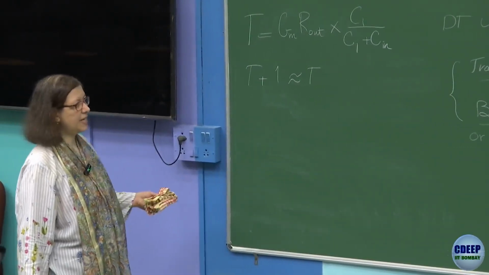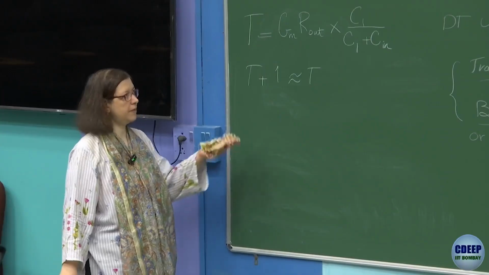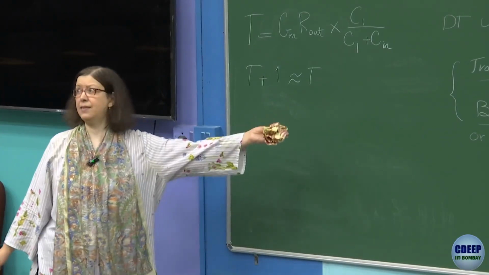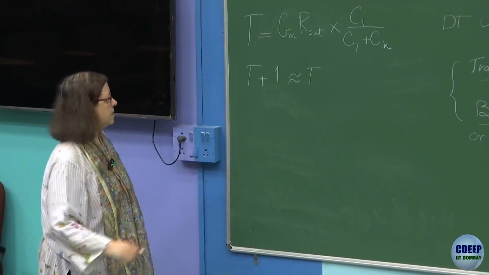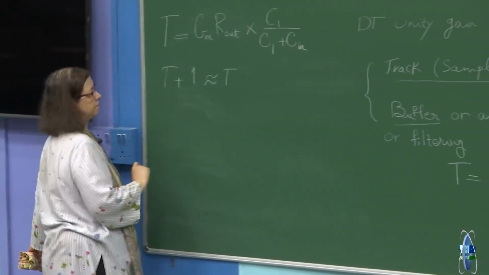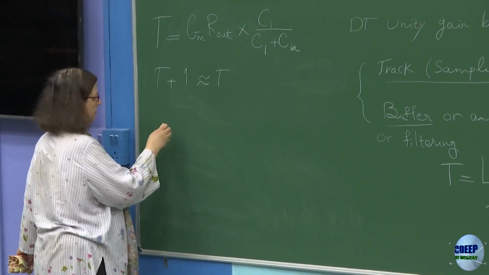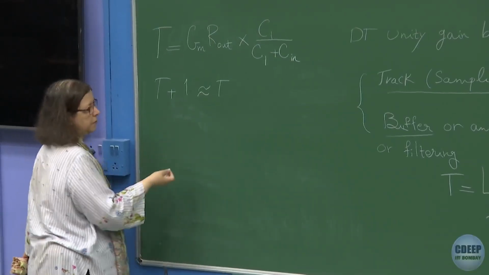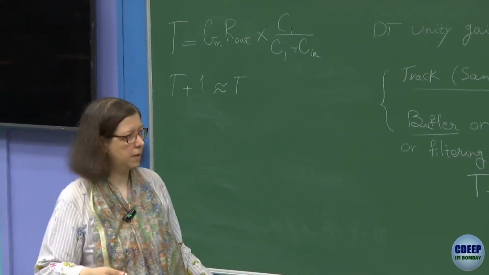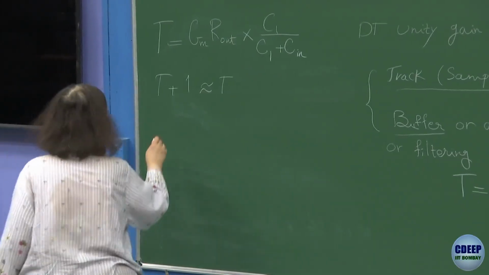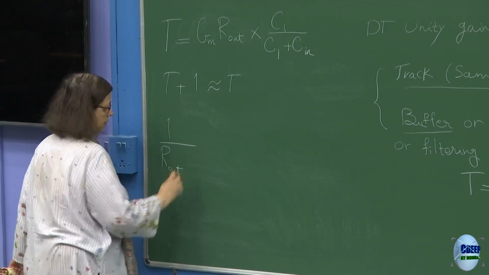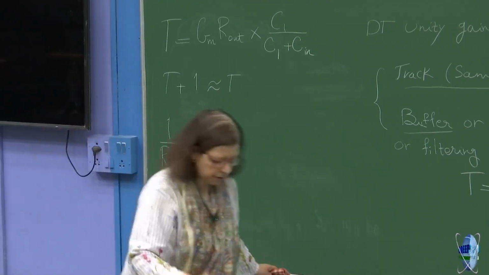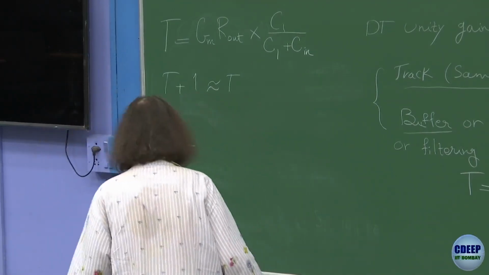And in fact, if C in ideally is 0, the feedback factor is 1. That is the ideal case of the unit gain buffer. So this is the T. Now, we just multiply by the pole. The pole was 1 upon the absolute value of R out multiplied by the series combination of C1 and C in.